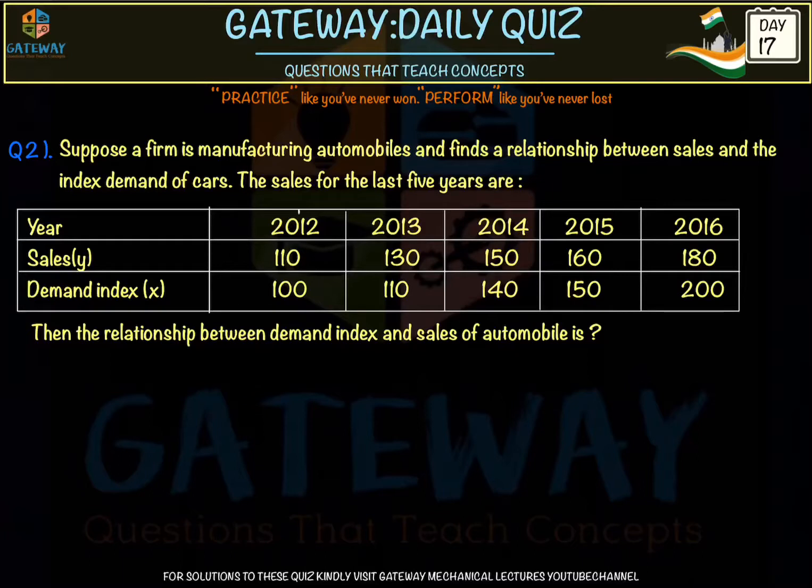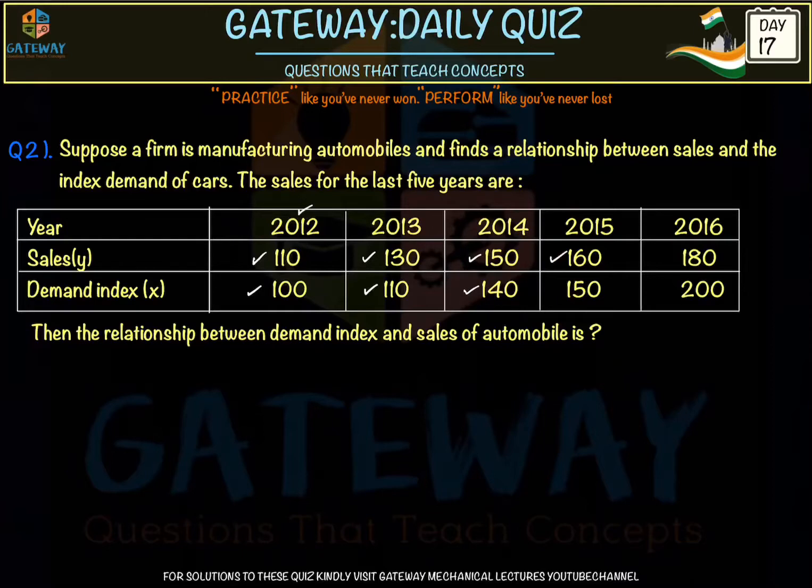So here we are in the year 2017 as per this question, so it is given for the last 5 years. In 2012 the sales was 110 and the demand was 100. In 2013 the sales were 130 while the demand was 110. In 2014 the sales was 150 while the demand was 140.